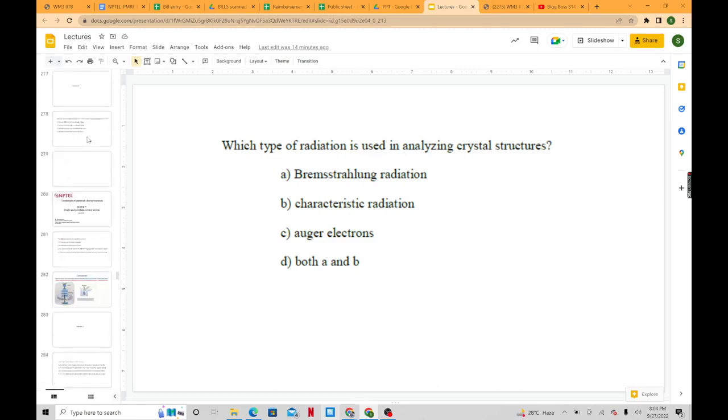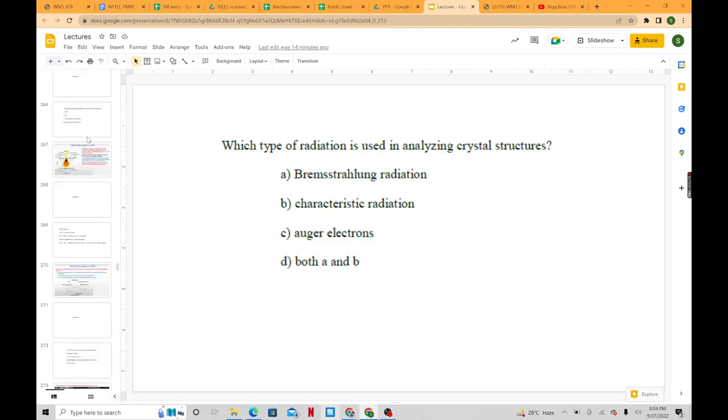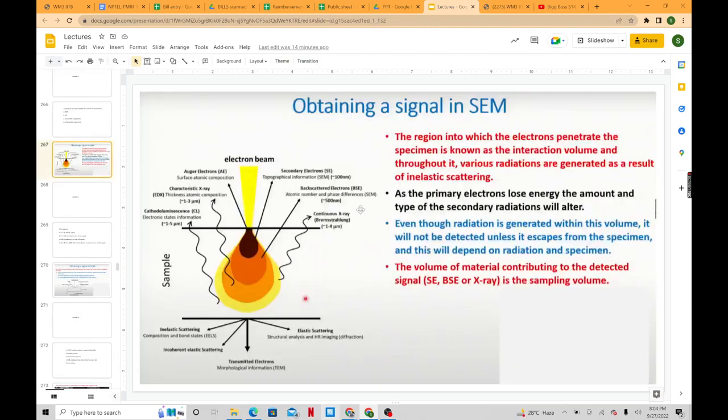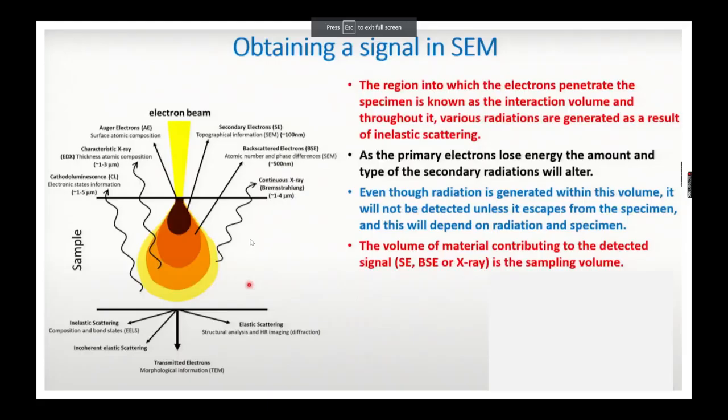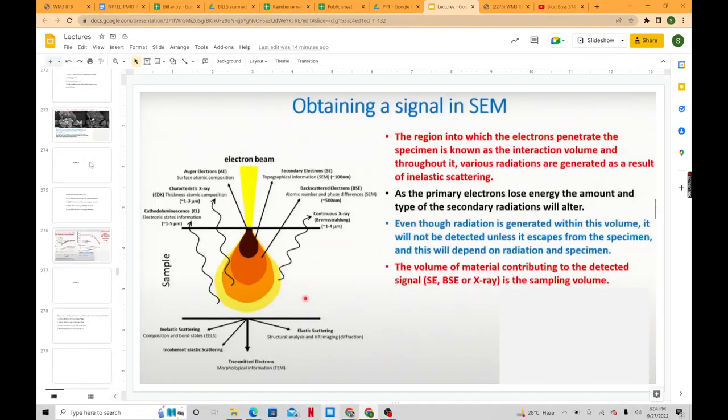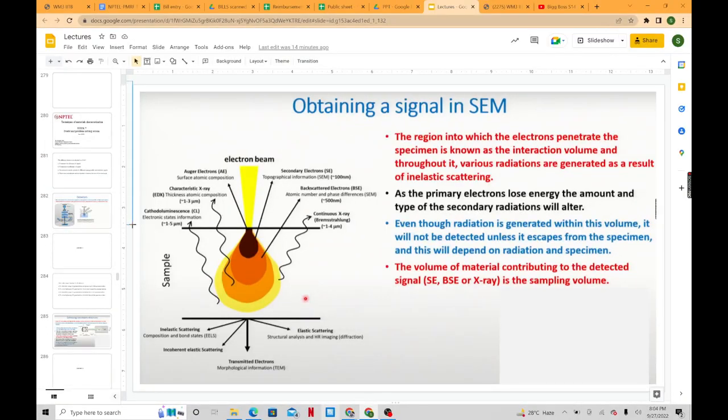Yeah, something like this. Here you can see a slide where I have explained what information each gives. Here is the continuous X-ray, which is Bremsstrahlung, here the characteristic X-ray, here the Auger electron. In this way you can find from where we can get that information. It's pretty much simple.